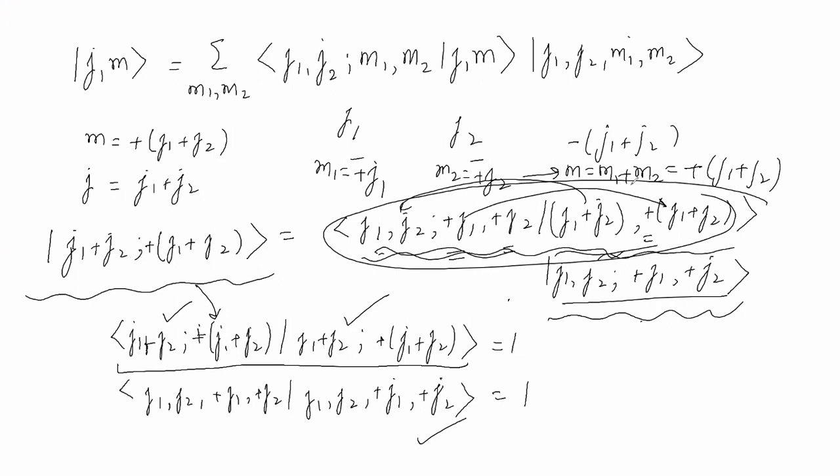Therefore, for the maximum projection, no matter what the values of J1 and J2 are, or the minimum projection, this Clebsch-Gordan coefficient will turn out to be equal to 1. Now tomorrow I will talk about the Clebsch-Gordan coefficients when you don't have the extreme values.